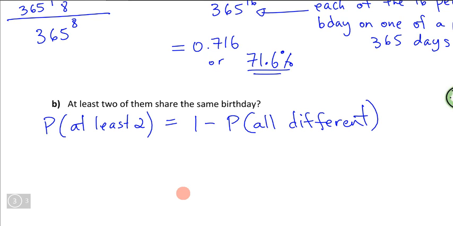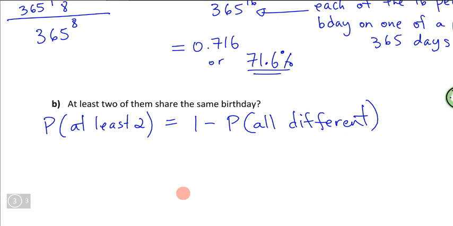Now I hope that logically makes sense. Think about that for a moment. You might wonder why didn't you say at least 1 would be 1 minus P of all the different? Well, that wouldn't make any sense because you can't say at least 1 person has the same birthday as 1 person. You have to have at least 2 people to count these kind of questions. You have to have a pair of people to compare.